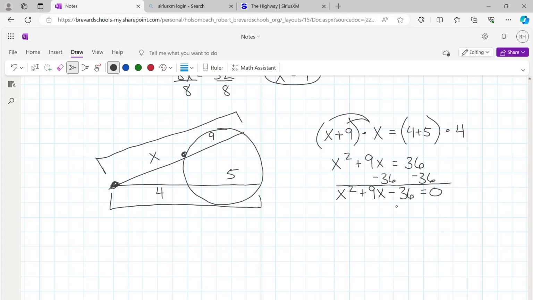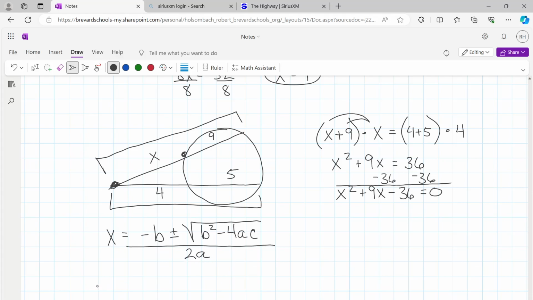And if you remember the quadratic formula, it is, let's see, x is equal to the opposite of b plus or minus the square root of b squared minus 4ac all over 2 times a.